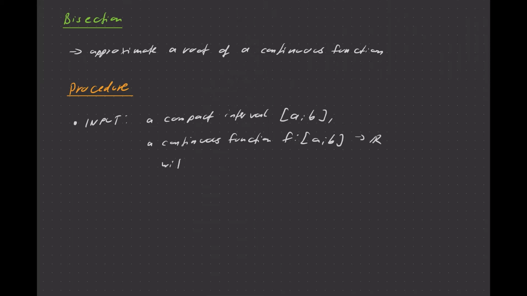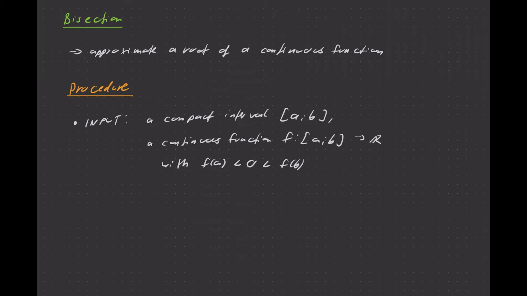And we want that function to have the following property. f(a) should be negative, while f(b) should be positive. So then, due to the intermediate value theorem, we can be sure that every function value between f(a) and f(b) is actually assumed by the function f. So in particular, the function value 0 will be assumed.